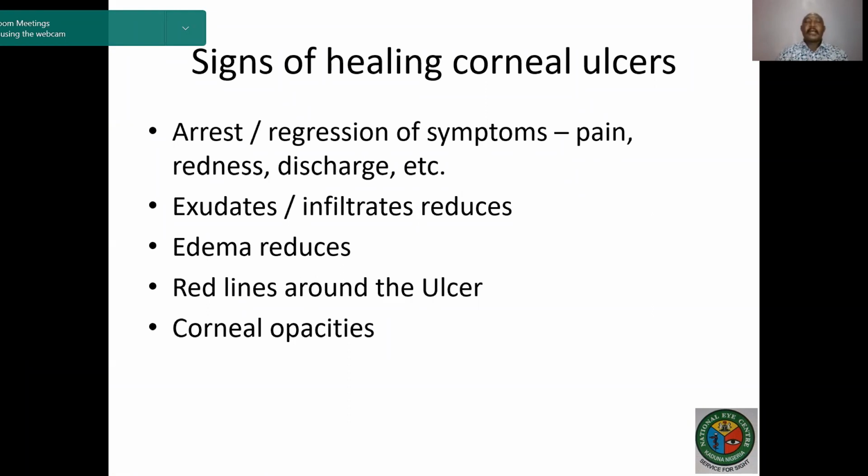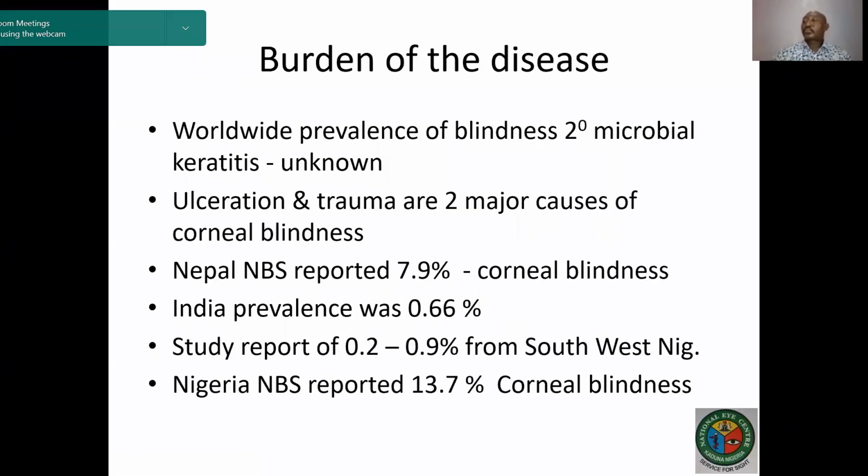For ulcers that have exudates and infiltrates, there will be a reduction. The edema around the ulcer will also begin to reduce. Red lines are usually seen also, and these pave the way for infiltration of blood vessels. The cornea naturally is an avascular structure.